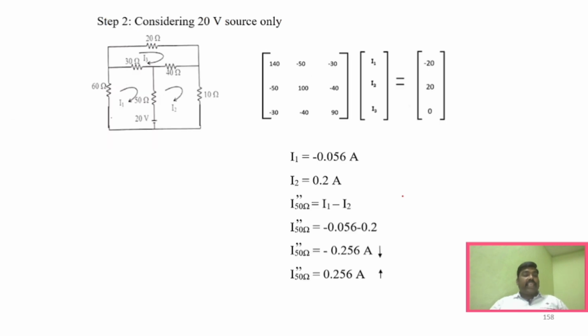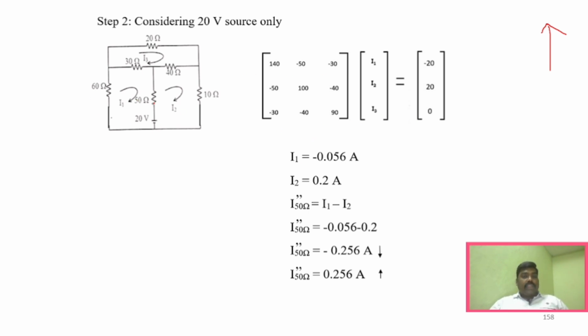Similarly, you take the second voltage source here. Once again we consider only this voltage source, and all other sources we have to short circuit, right? Remember, for this particular source the direction goes upwards. Now you see the same steps we have to follow.